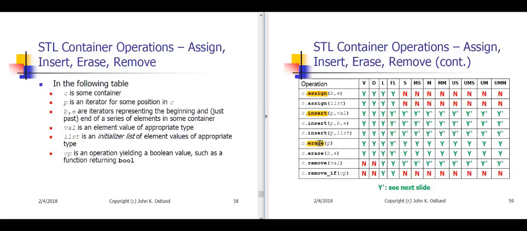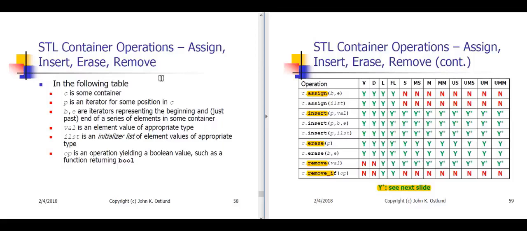We can erase individual values or sets of values specified by iterators, and we can also remove all occurrences of some value, or in the case of removeIf, all of the values that satisfy some Boolean operand. Now, as you can see, not all containers support all of these capabilities. And some of the containers support some of these capabilities in a slightly modified way.